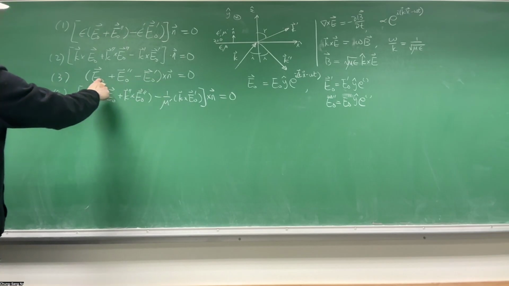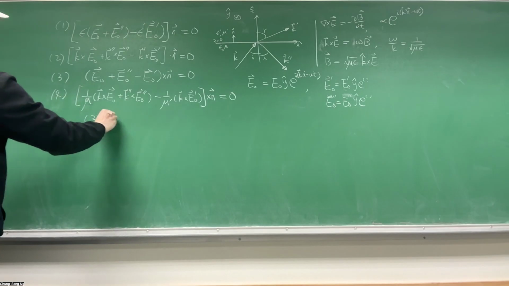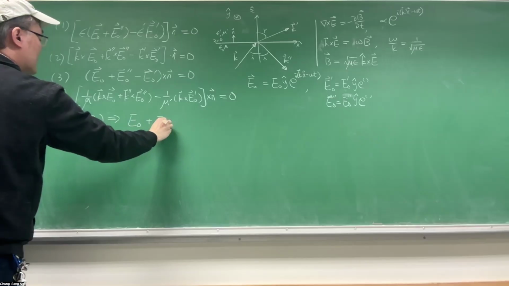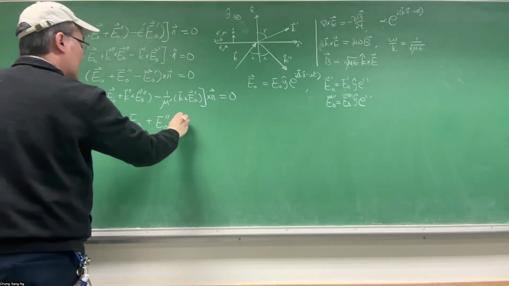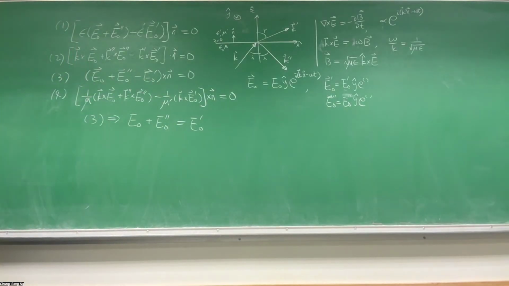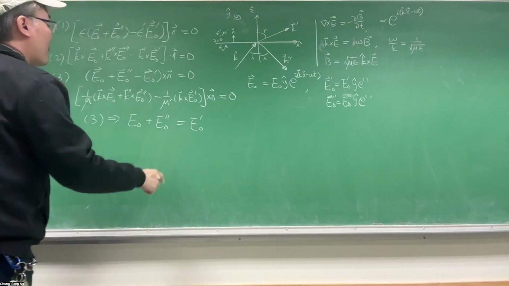So basically, just the amplitudes satisfy the same thing. So equation 3 is trivial: E0 plus E0 double prime equals E0 prime. Okay, so that's easy enough.